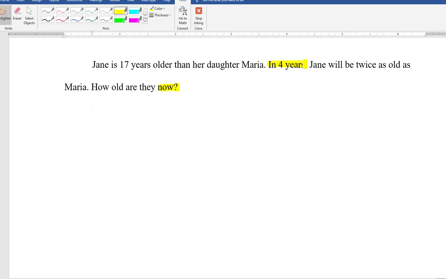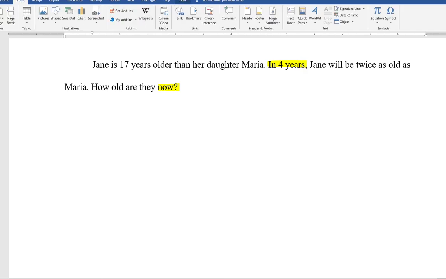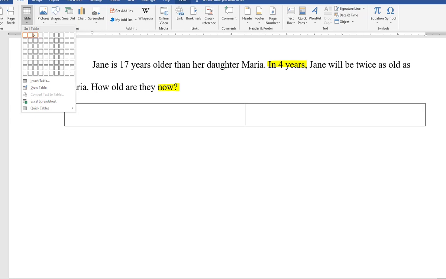And because this is dealing with two blocks of time, I'm actually going to create a table to be able to fill in my table with information. I think it's an easier way for me to organize the information I'm going to pull out. So I'm using Word, so I'm going to use a table.